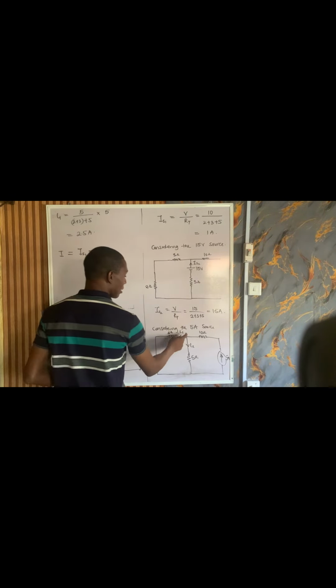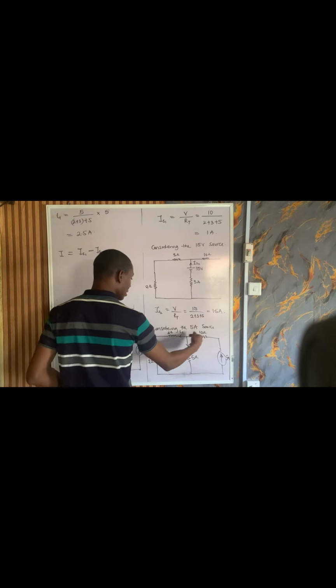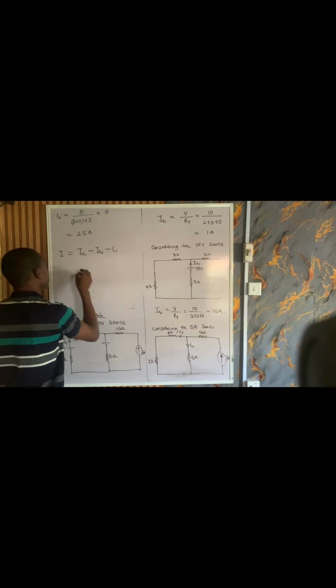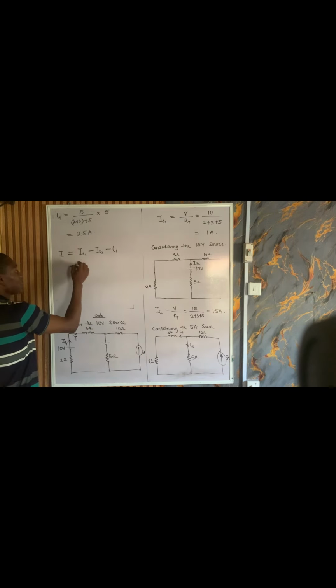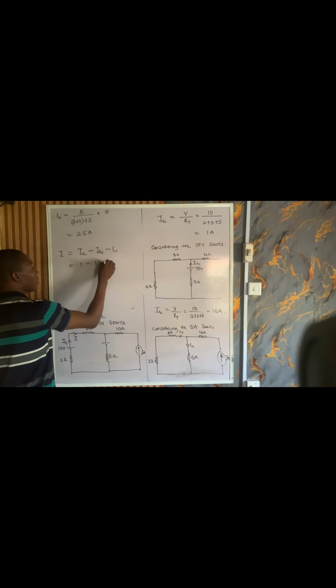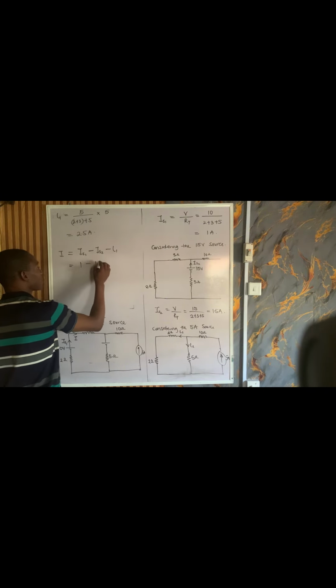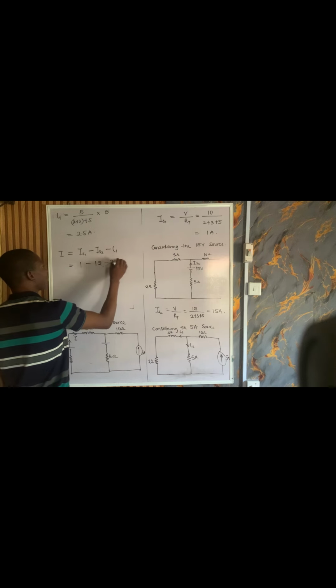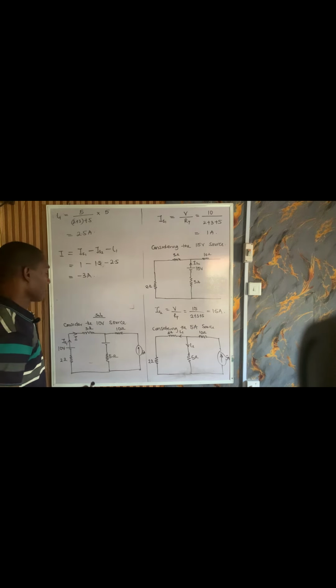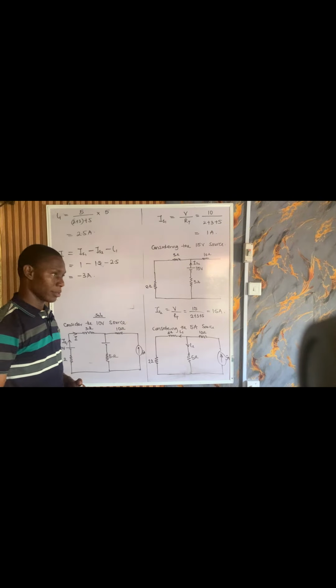Next one is this I1. This I1 also flows in the opposite direction, so this is going to be minus I1. So this will be I source 1, which is 1, minus 1.5 ampere, then minus 2.5, and that will give us minus 3 ampere. That's the answer to this question.